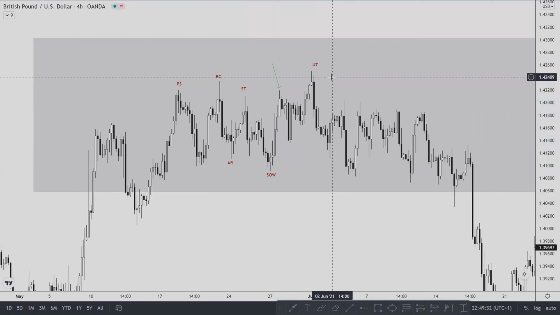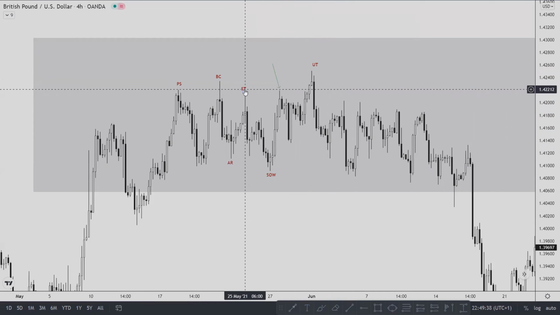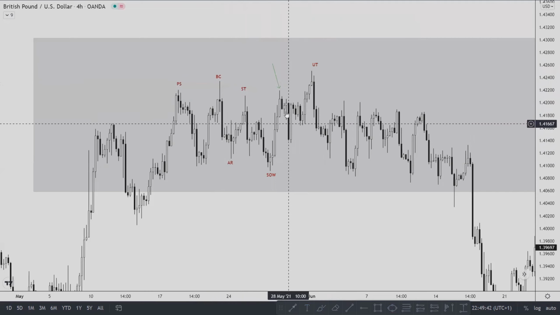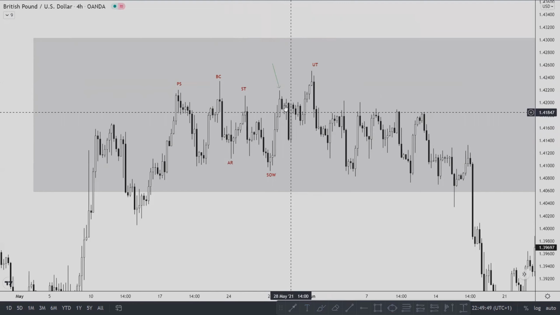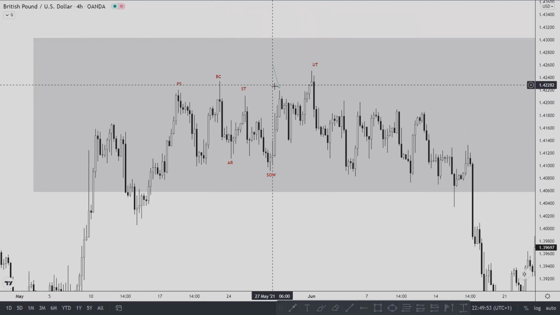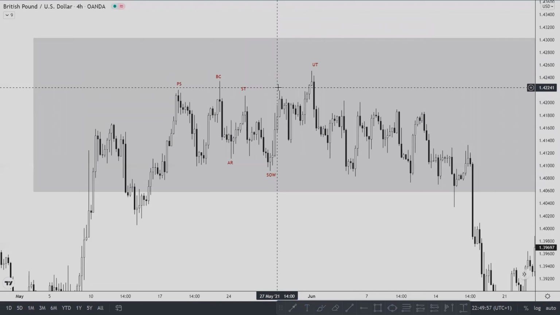So going over it again, because of this, upthrust usually breaks above two highs. So it breaks above the BC and the ST. And because this little one candle down and back up was, to me, just a distraction, the main goal is right here for the upthrust. So that's why this level or this price point is not my upthrust.